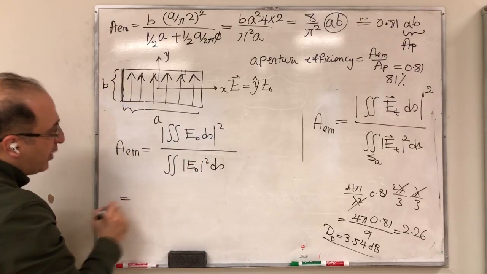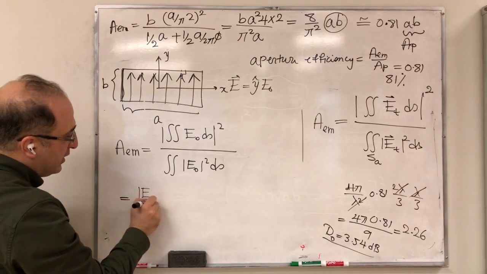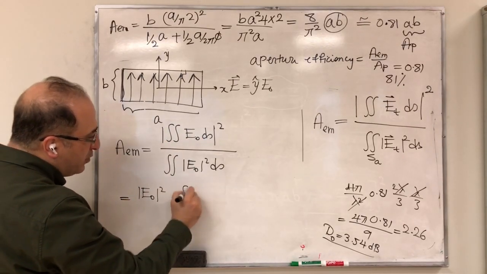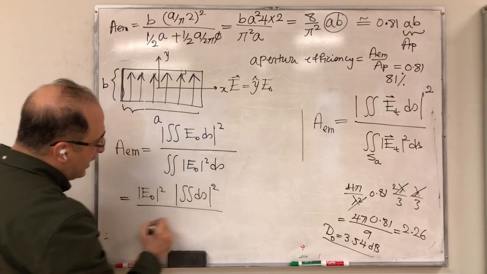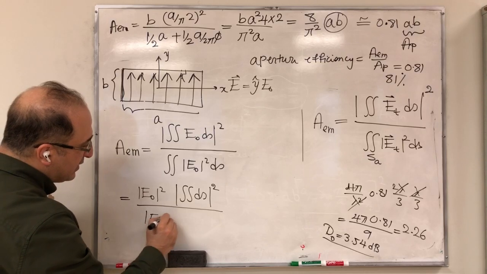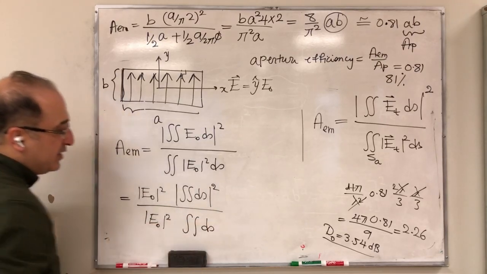Now, if we go by this, you see that E naught, you can take it out. So E naught square, that would be integral of ds square. And this E naught, you can take that out as well. And then that would be just the integral of ds.